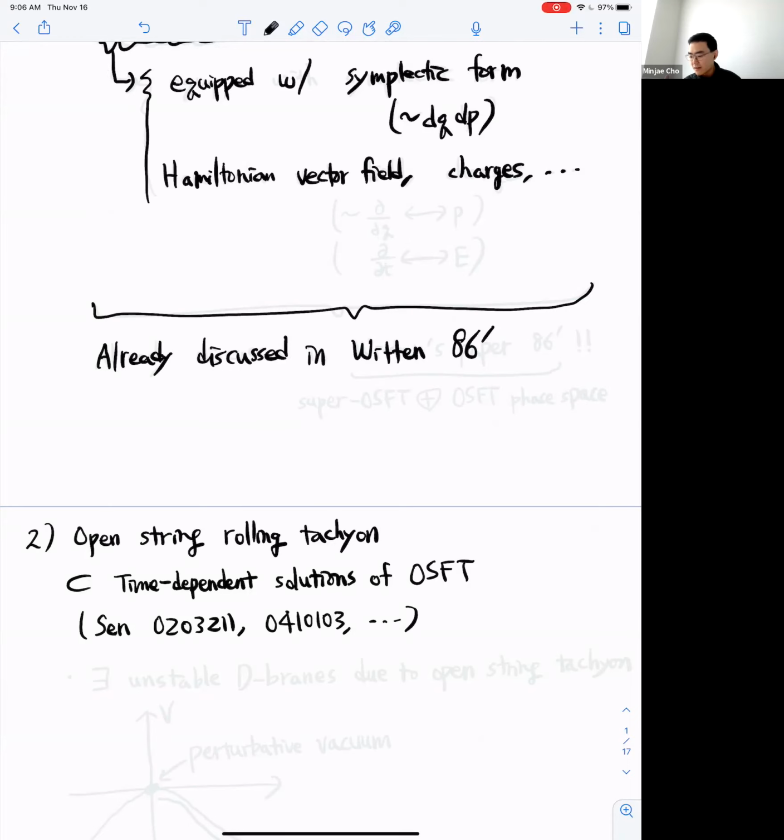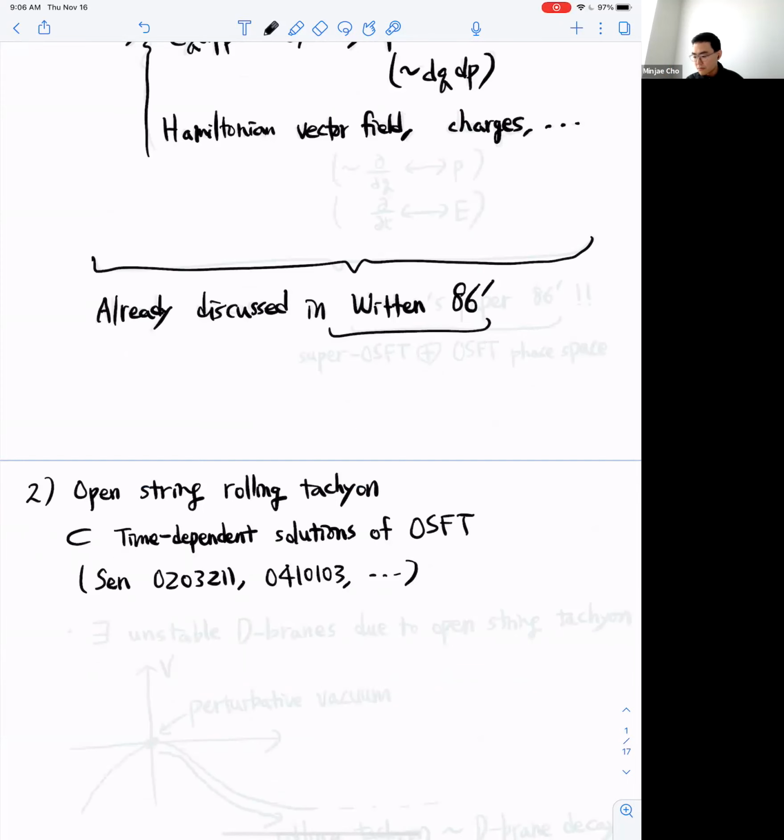By the way, this is not the first paper where he introduced the cubic open string field theory. This is actually the one on the super cubic open string field theory. Of course, by now we know that this itself is not quite complete because of the singularities. But what's interesting is that this paper, even in recent years, keeps getting cited by people outside the string field theory community, because it talks about the notion of phase space.